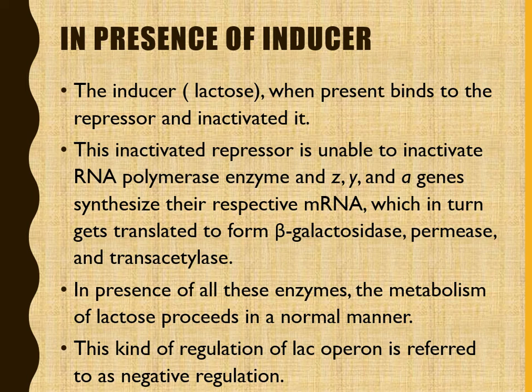The RNA polymerase binds to the operator and transcribes lac messenger RNA. The lac messenger RNA is polycistronic, that is, it produces all 3 enzymes: beta-galactosidase, permease and trans-acetylase. The lac operon is switched on.